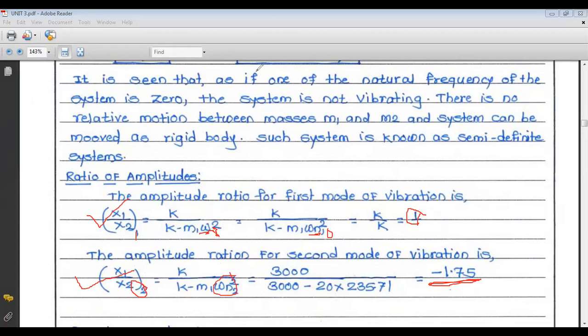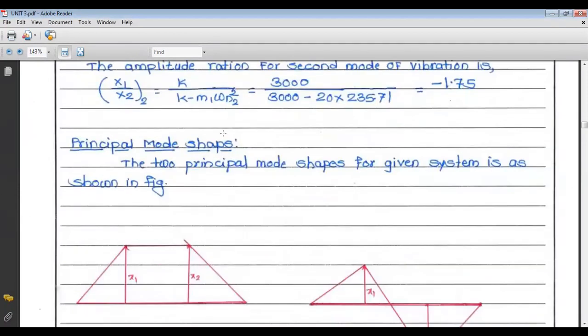Next we have to draw the principal modes of vibration. Your system is a horizontal system, in which there are two masses, with displacements x1 and x2.